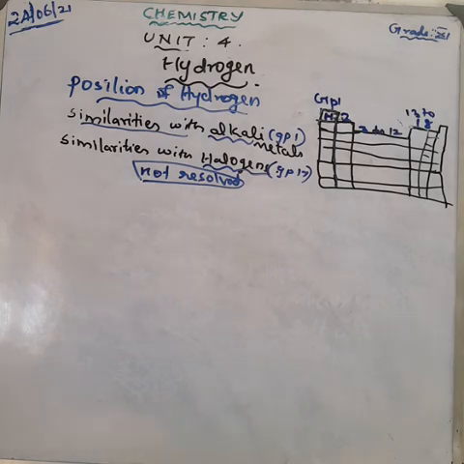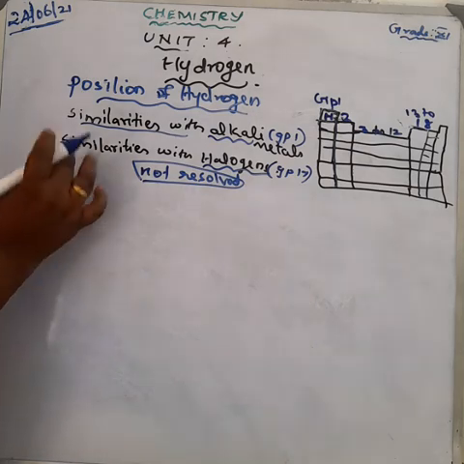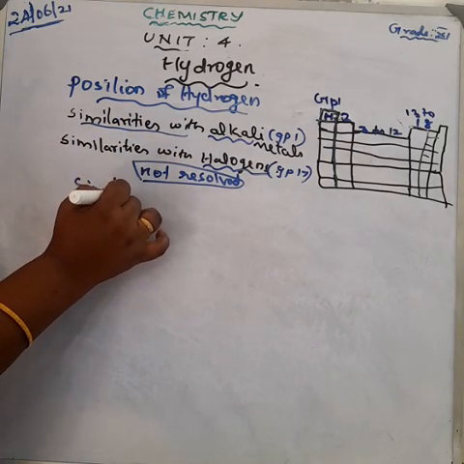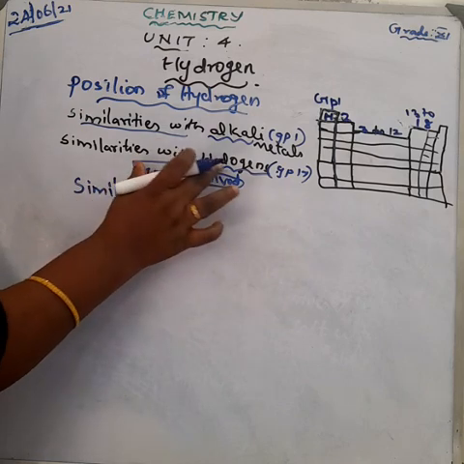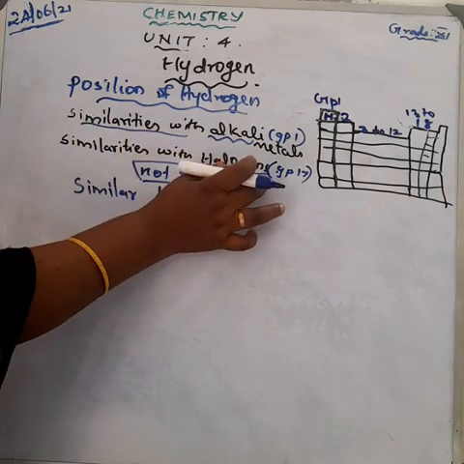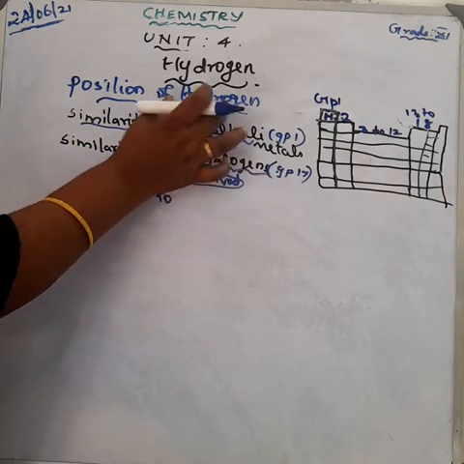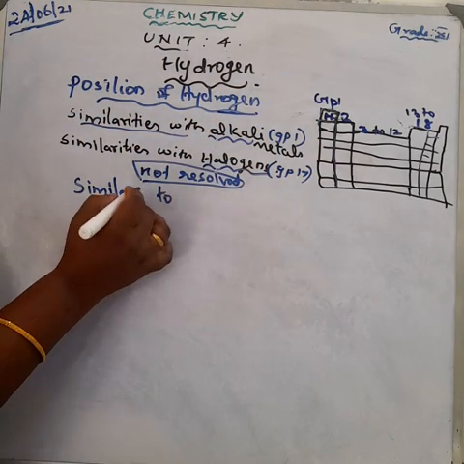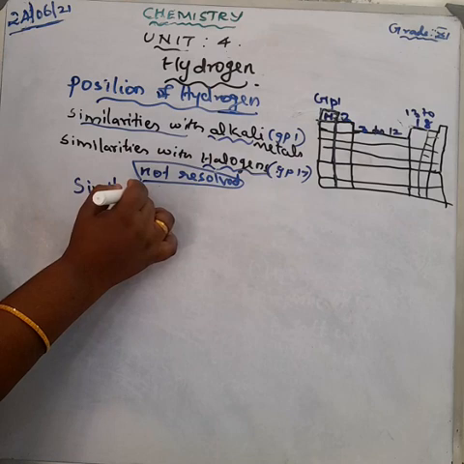Now we are going to study how the hydrogen atom is similar to alkali metals and how the hydrogen atom is similar to halogens, and what the dissimilarities are between the hydrogen atom and alkali metals and halogens. First, what are the similarities?